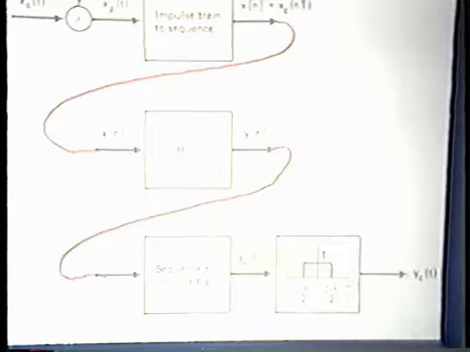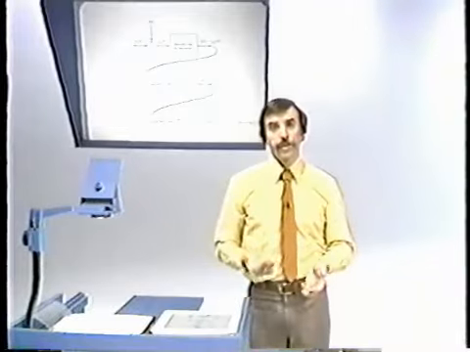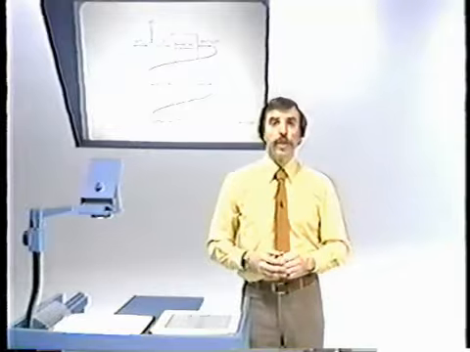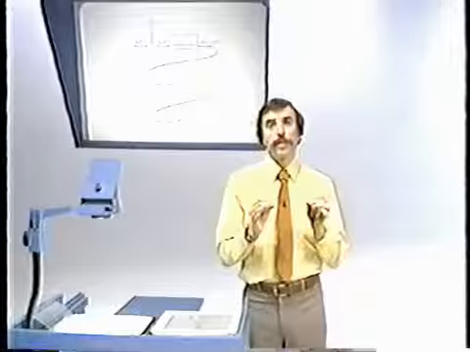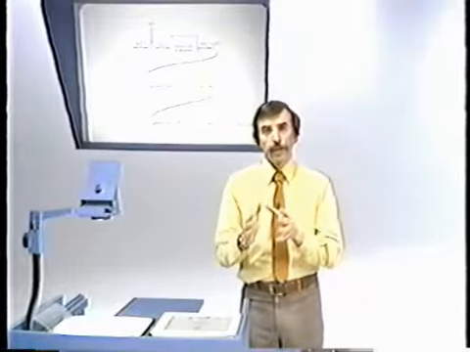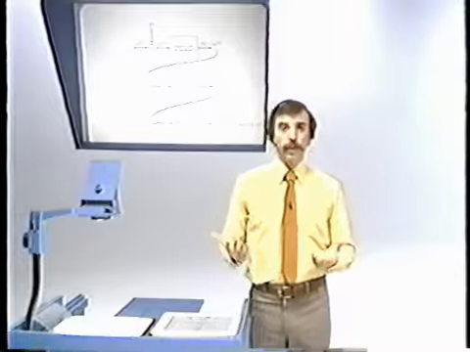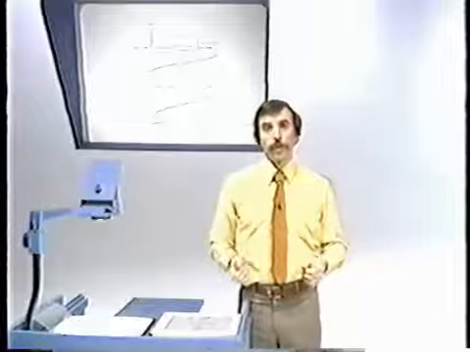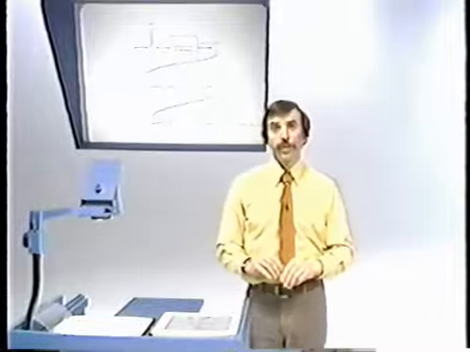Now, typically in a system like that, which implements discrete time processing of continuous time signals, we need to ensure in one way or another that the bandwidth of the input is sufficiently limited so that we avoid aliasing. One way to do that is to force it in one way or another, or simply know that our signal satisfies the bandwidth constraint.